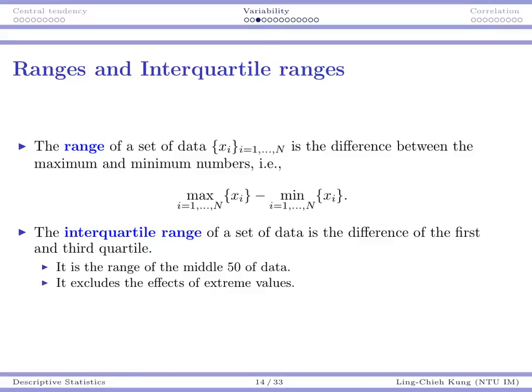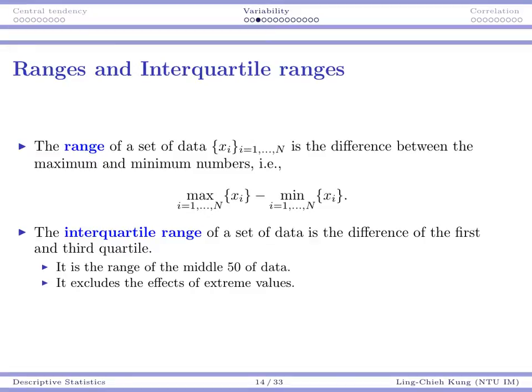First, we have ranges and interquartile ranges. The range of a set of data is the difference between the largest number and the smallest number. That means we can first find the maximum, then find the minimum, and then find the difference. This is exactly what you did when you wanted to draw a histogram, right?